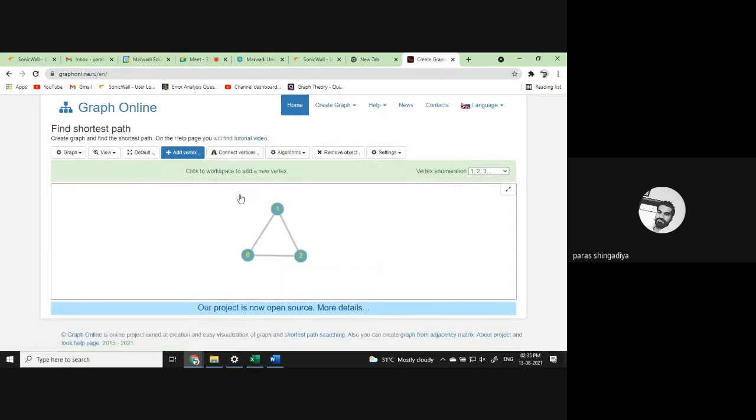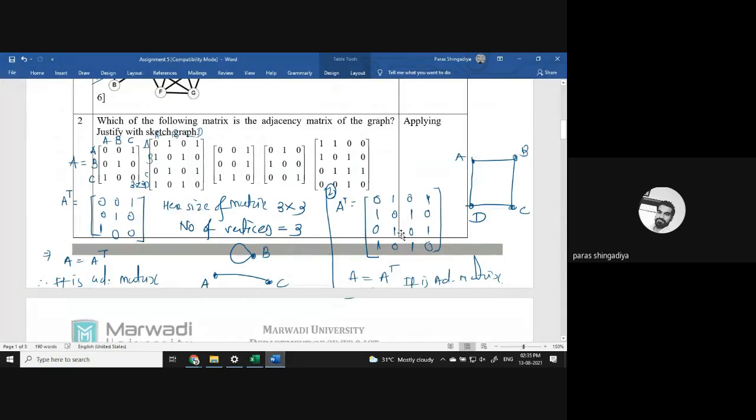Okay, now it will be the triangle. Okay. Is it clear or not? Did you understand or not? How we can use this tool to check our answer? Any question, any query to anyone? Okay. Now try it for the third and fourth one.